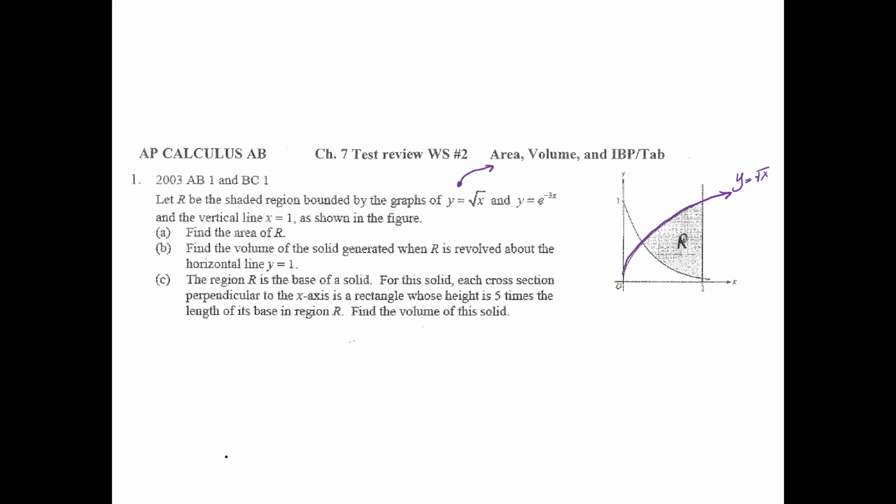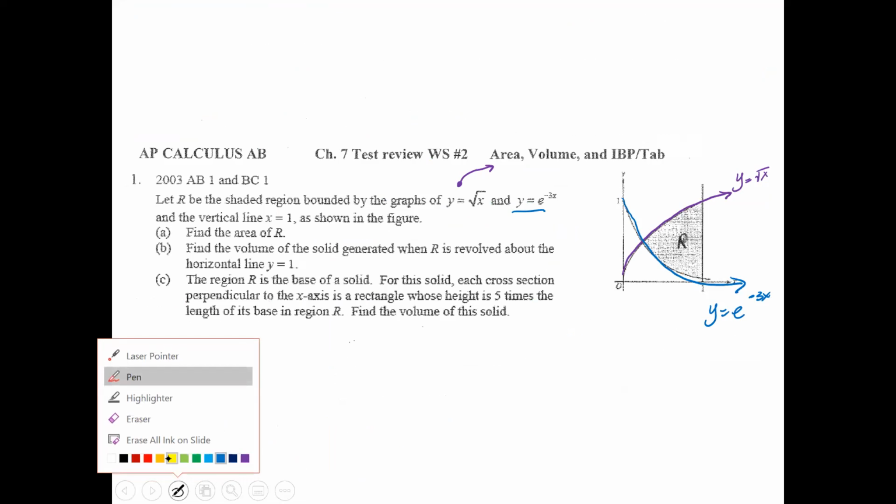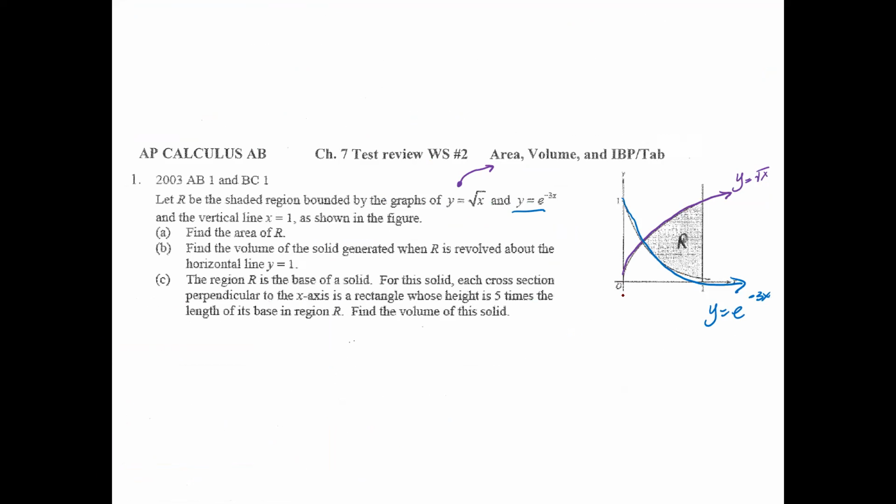And the counterpart, y equals e to the negative 3x, is the blue line. And it says with the vertical line x equals what? Here is 1, so this is x equals 1.